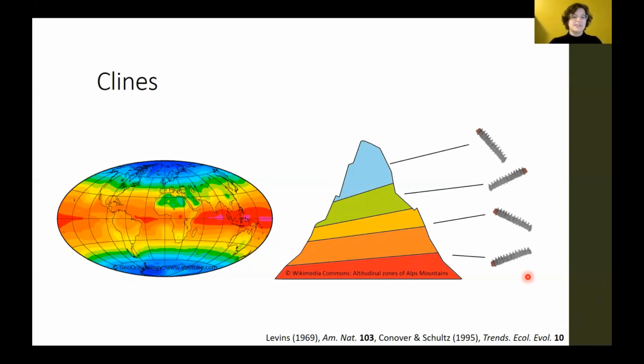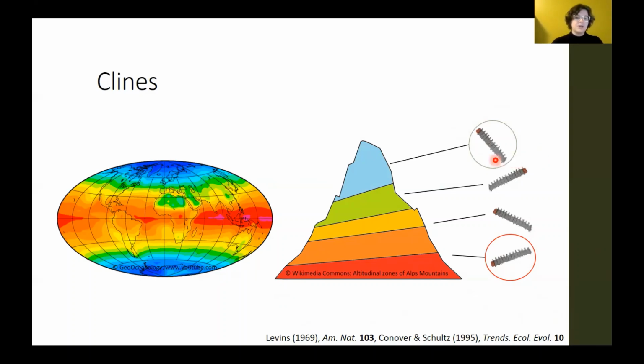This is maybe a bit hard to visualize just in this picture, but it's easier to see using some graphs. If we, for example, take a population from this lowest altitude, so the warmest environment, and from the coldest environment, the highest altitude, we put them in the lab and we manipulate their rearing temperature.